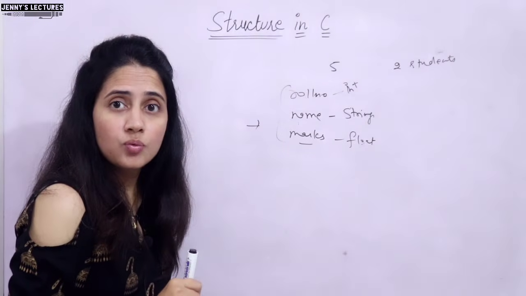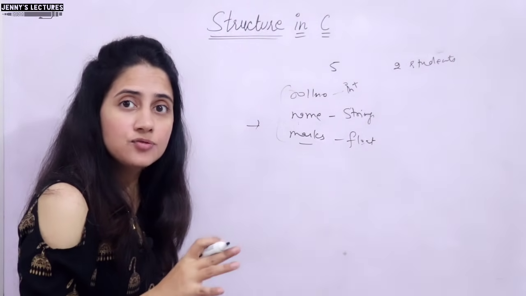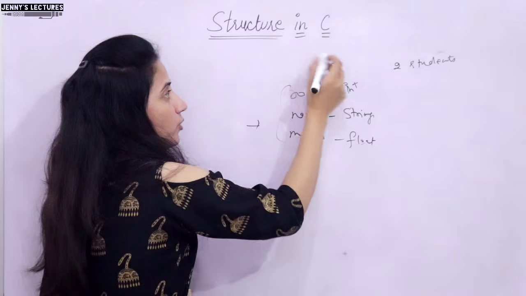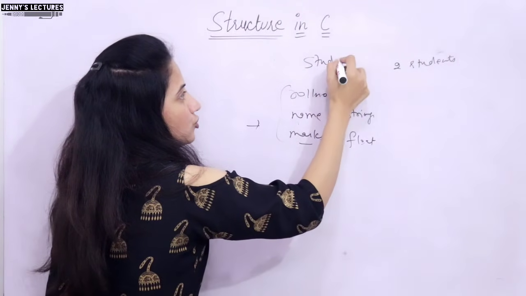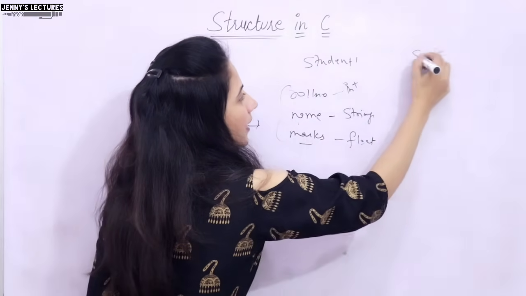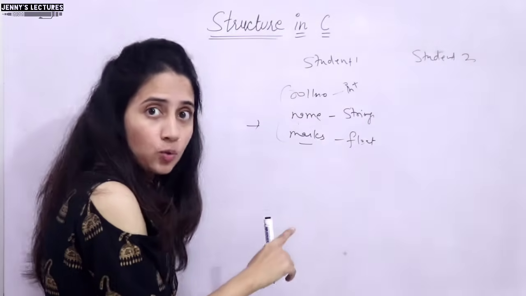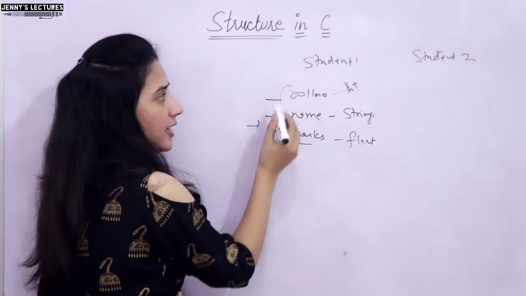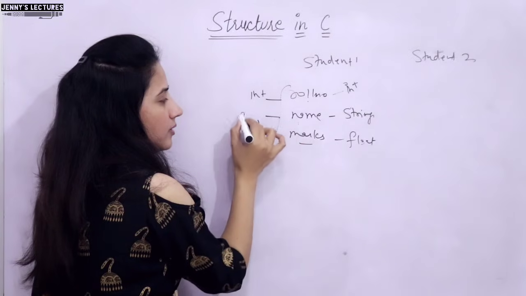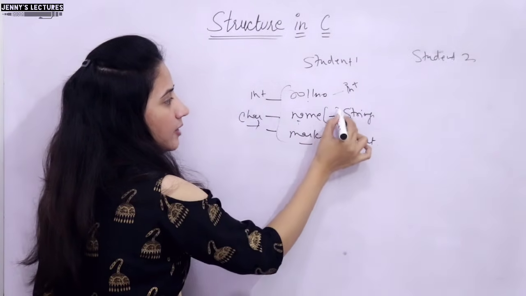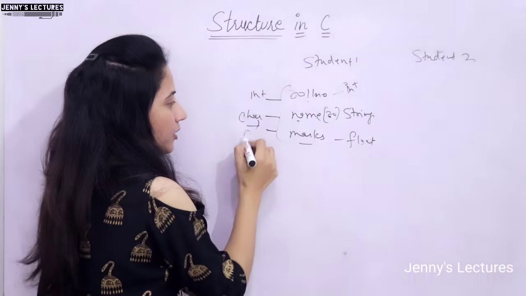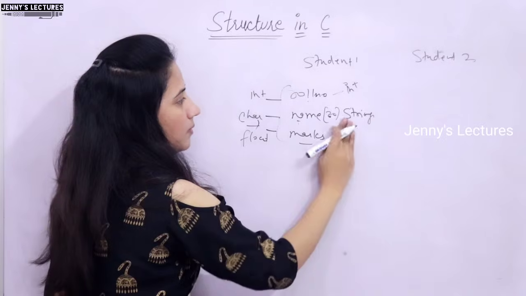So what can you do? For student 1, I can take different variables like int rollnumber, char name, and here you can give a size like 20, and here you can take float marks.